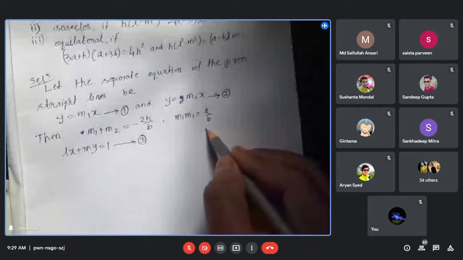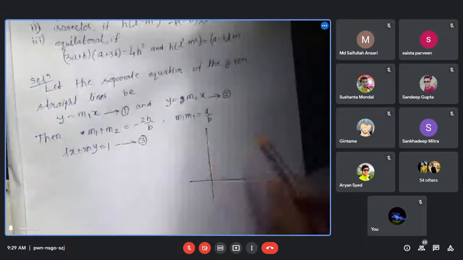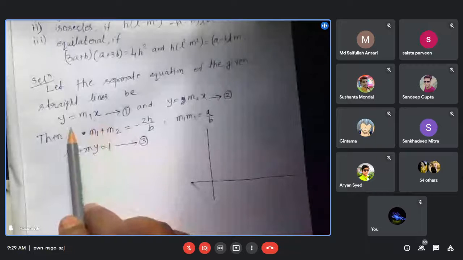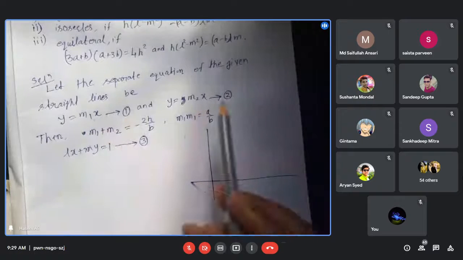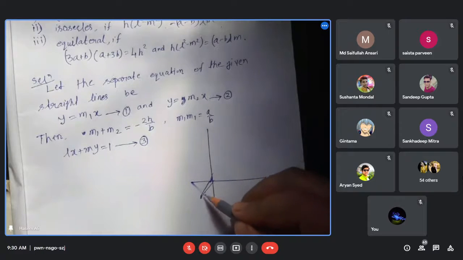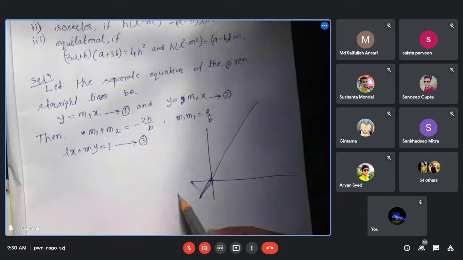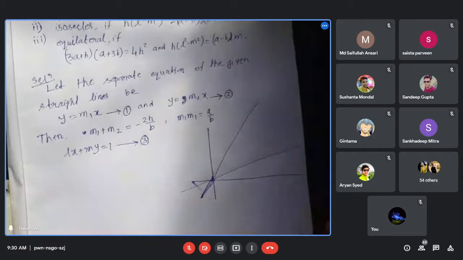Let's draw a picture. These two straight lines pass through the origin. One line like this and another like this.